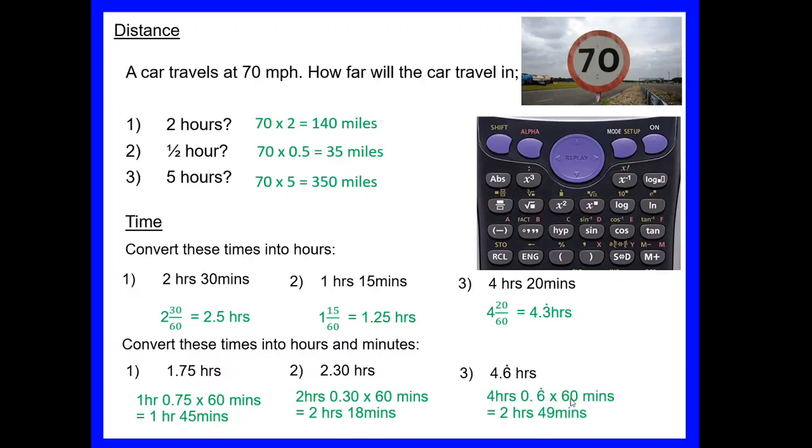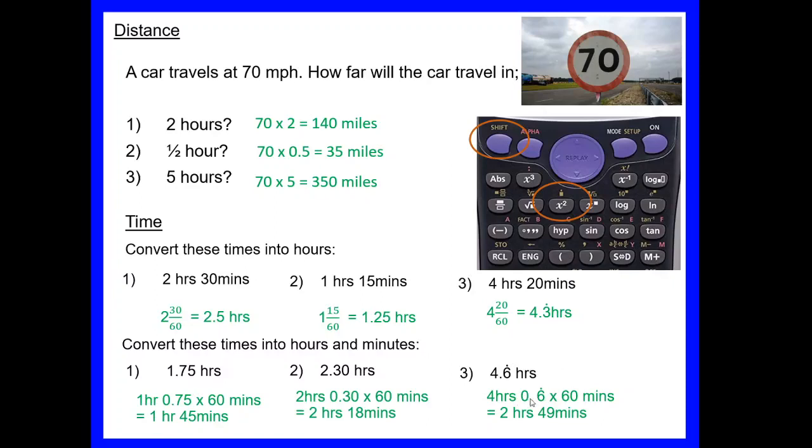Your calculator does have a recurring decimal button. So again, we would need to press Shift first, and then we're going to press this button here, our X squared button. Above our X squared button, we've got a square with a little dot. That's telling us we can put in a recurring number.